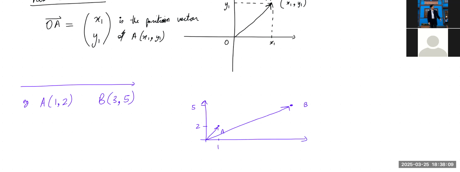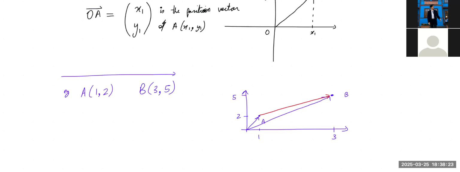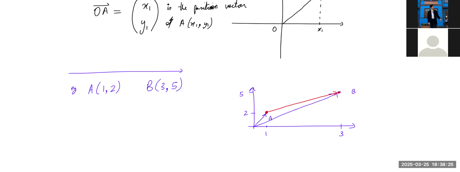However, what if I wanted to find the vector that connects them? We've already talked about the head to tail method, so we know how to do that, right? I can simply go like this and then go like that, and I'll find it. But if I try to apply that same rule over here, interesting things happen.